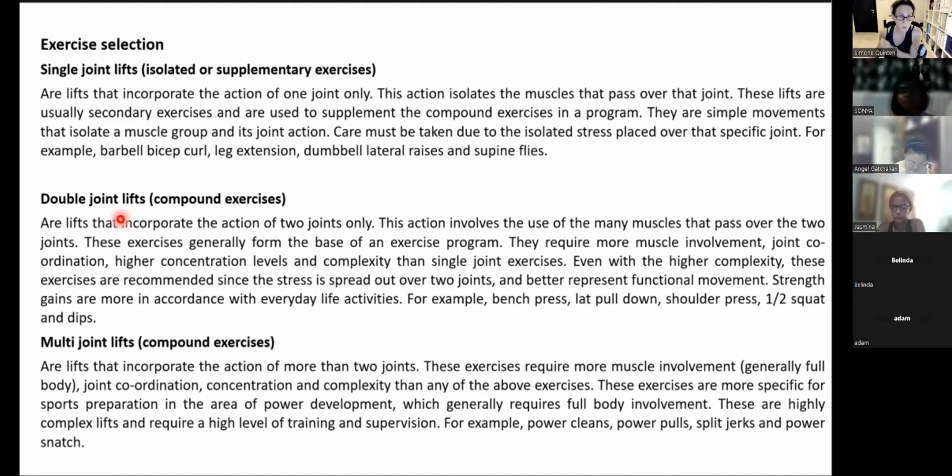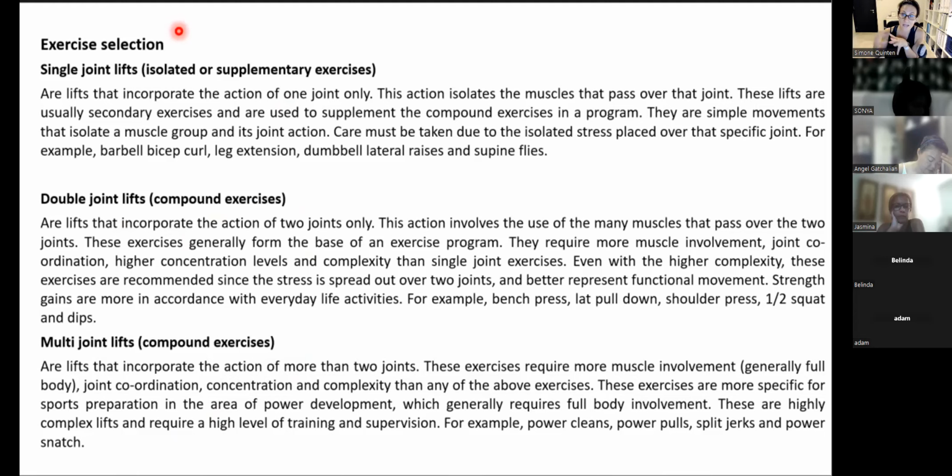So in terms of progression, or if you want to lift stronger, multi-joint lifts are more effective than single joint lifts. The more help you have, the heavier you can lift, right?